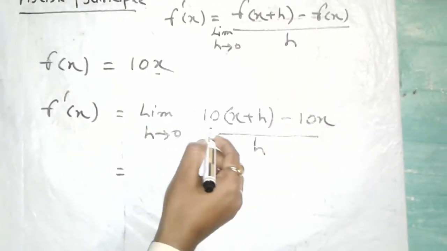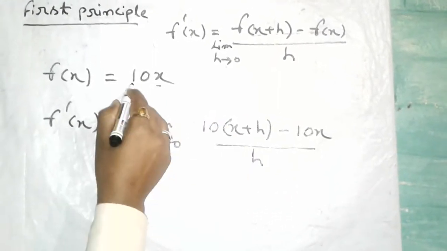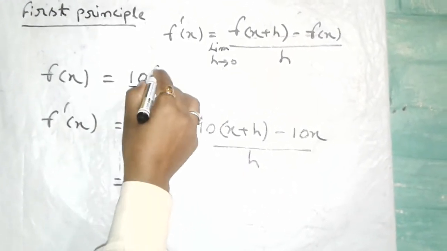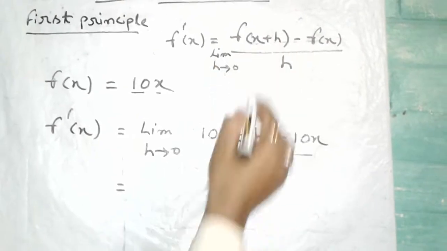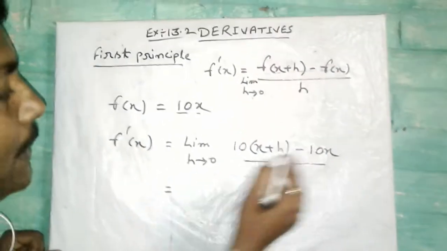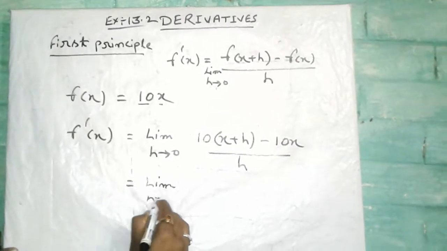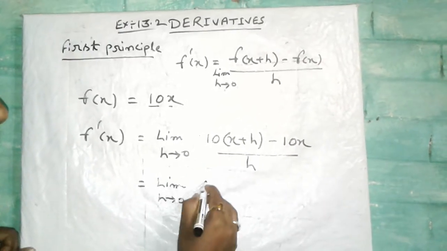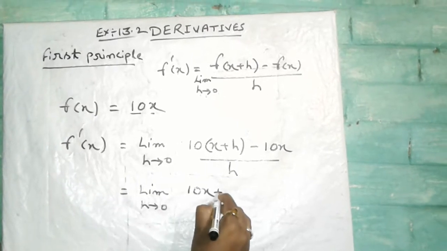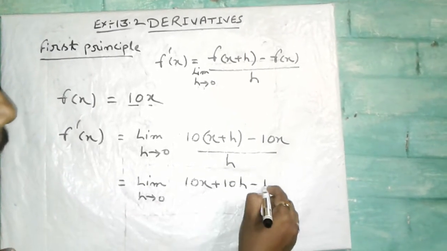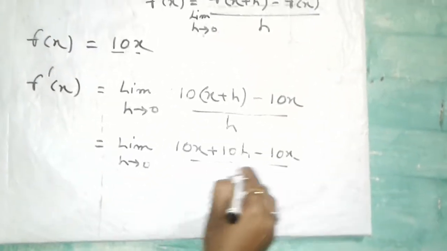This is very important. Why have I written 10 into (x plus h)? Because here 10 is there and in place of x I have to put x plus h. So let us try to solve it. Limit as h tends to 0. If I multiply this out, I will get (10x plus 10h minus 10x) by h.